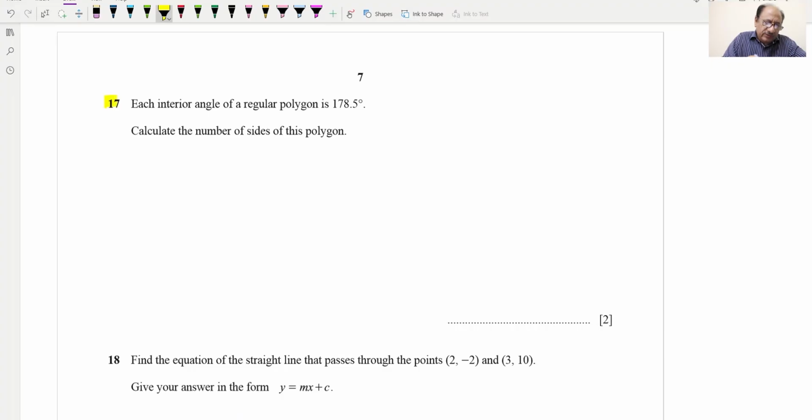Now question number 17. Question number 17 says each interior angle of a regular polygon is 178.5. Calculate the number of sides of this polygon. For understanding, we can picture the situation like this. This interior angle is 178.5 degrees, and if we extend this side, the exterior angle is 1.5 degrees, and we know that exterior angles add up to 360 degrees.